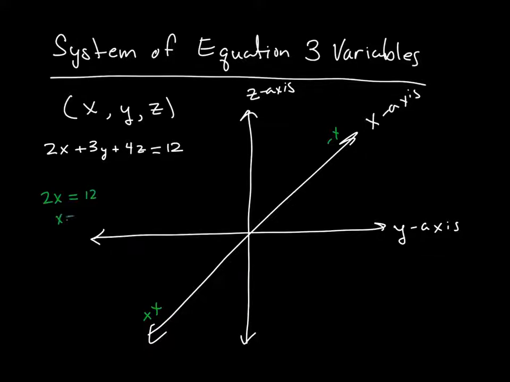If I solve that, I would get x is equal to 6. So that would be over here at 6 would be one of my points. To find the y-intercept, it would be 3y is equal to 12, or y is equal to 4. And then for my z-axis, it would be 4z is equal to 12, and z is equal to 3.